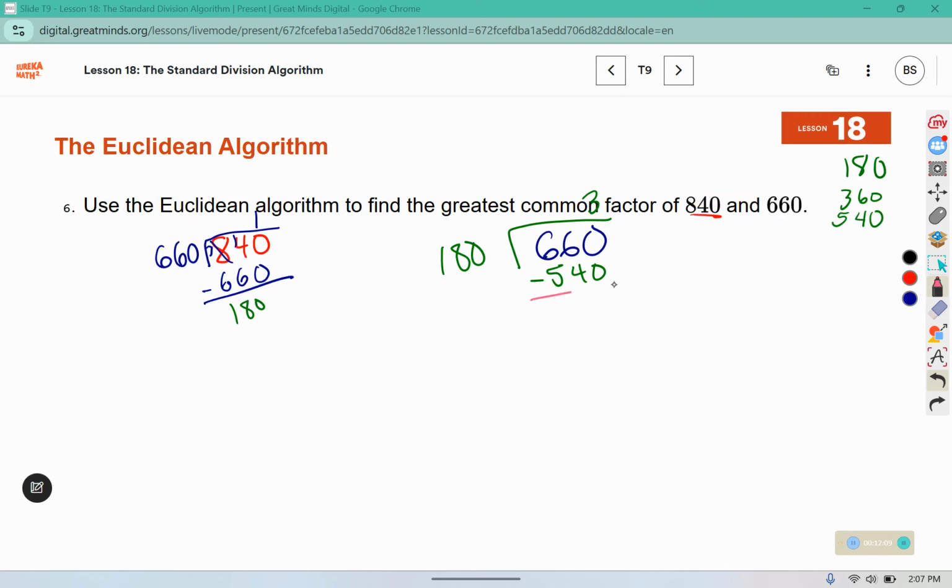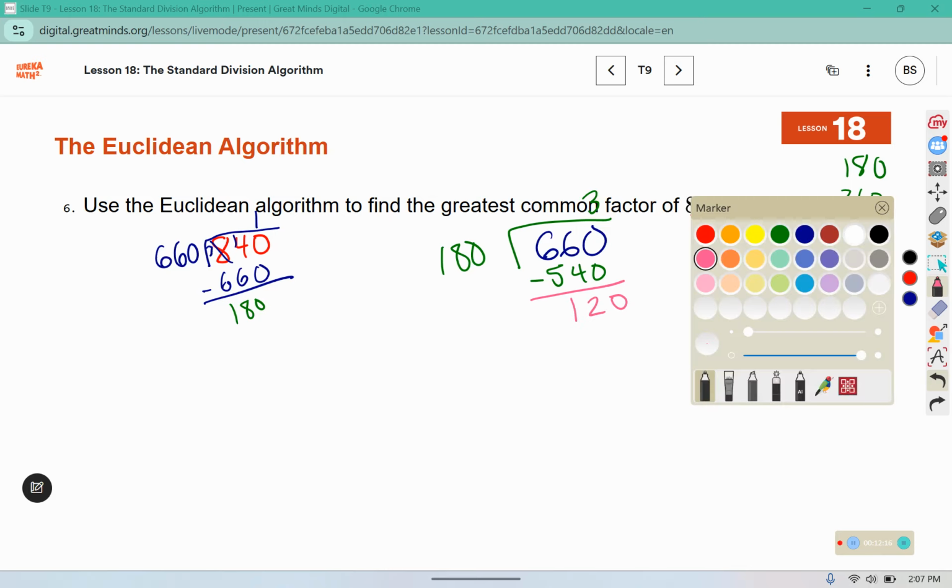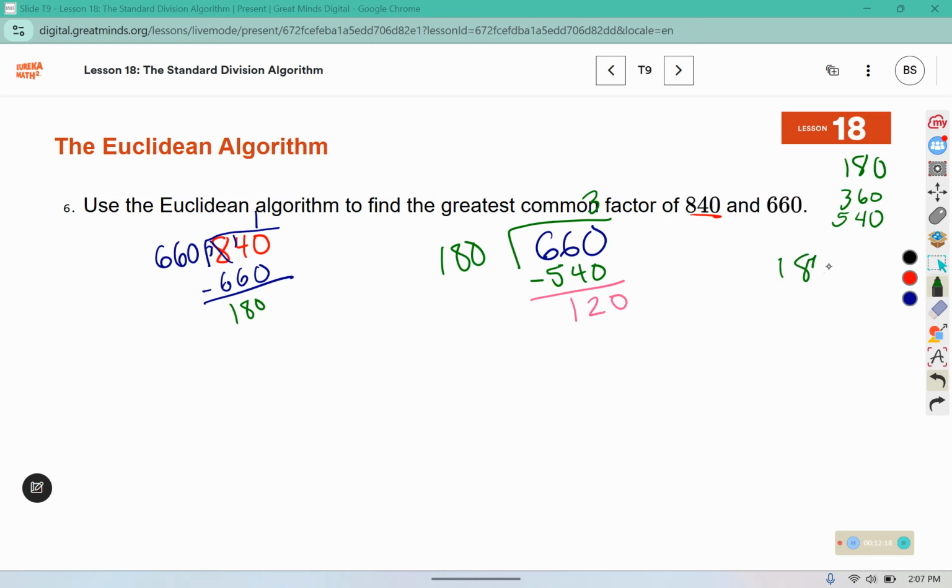Let's use a different color here. 6 minus 4 is 2, 6 minus 5 is 1. So now the 180 is the internal piece, and the 120 is what we divide by.